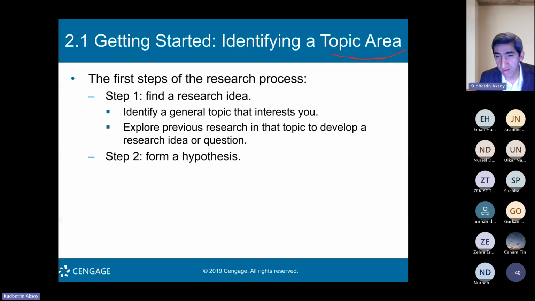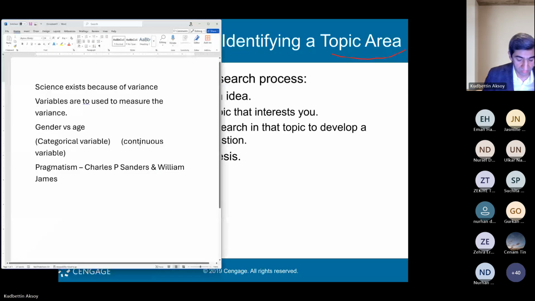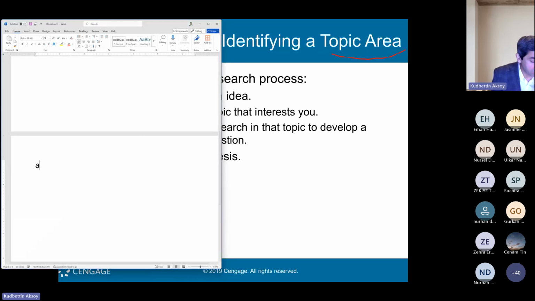Now, I assume most of you are in an education major. Use your own major, and in education, the variables that we work with are obvious. Let's stack them up and see how many different things you can come up with. In education, obviously, we talk about school achievement.